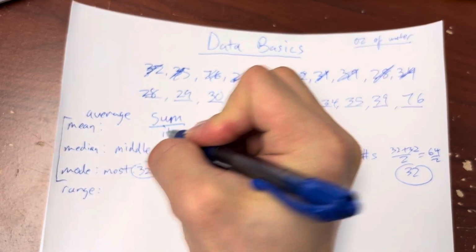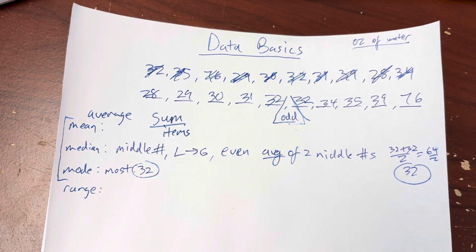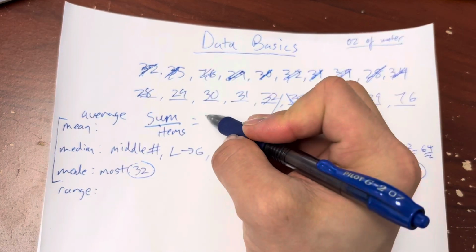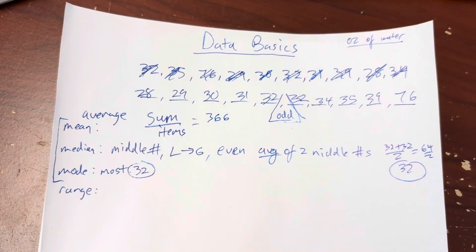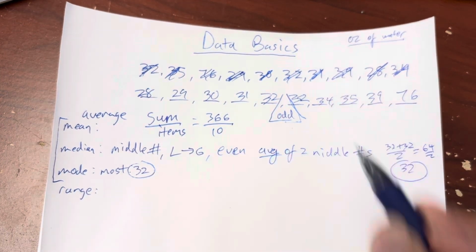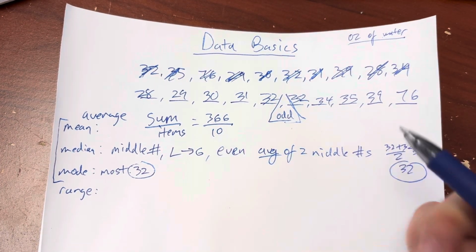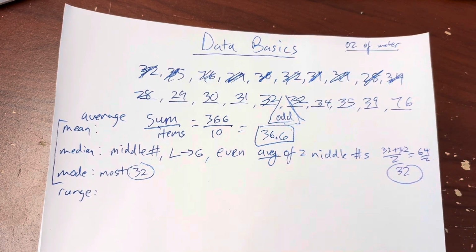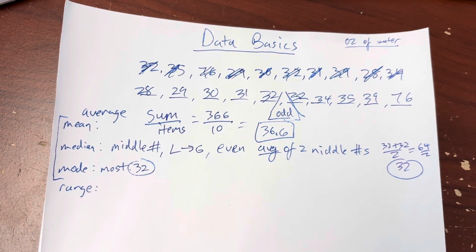So sum over items, okay? In this case, I pre-added all these numbers up, and that gives me 366. The amount of numbers I have is 10. So 366 divided by 10, I will get 36.6 as the mean, the average, right?